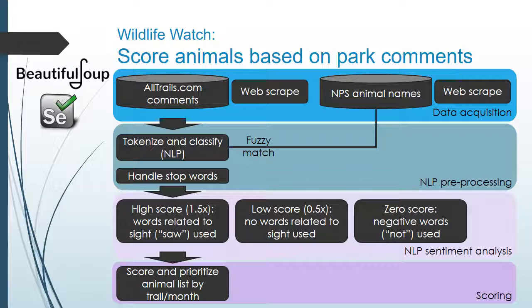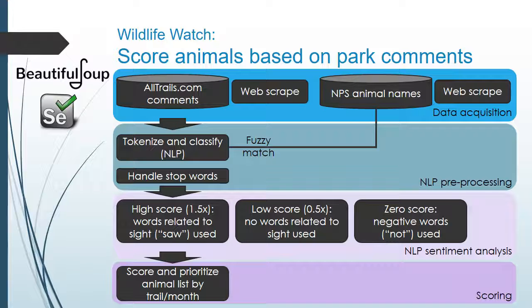The way that I handle scoring is that if a comment mentions an animal, and if it also has some strong word like, I saw the animal or I encountered an animal, then that increases the contribution of that comment to the overall score. So you multiply by 1.5 times. If there's no strong word about actually seeing an animal, but there is some mention of animals, then just half of that is counted to the score.